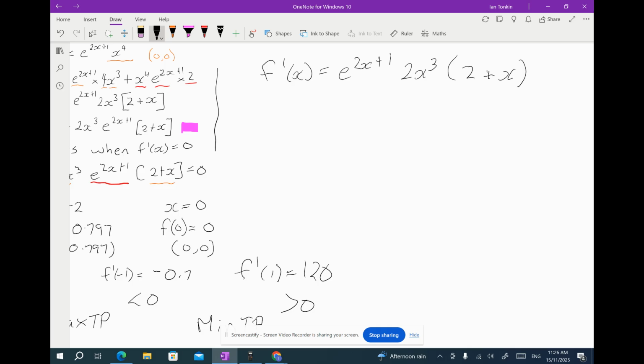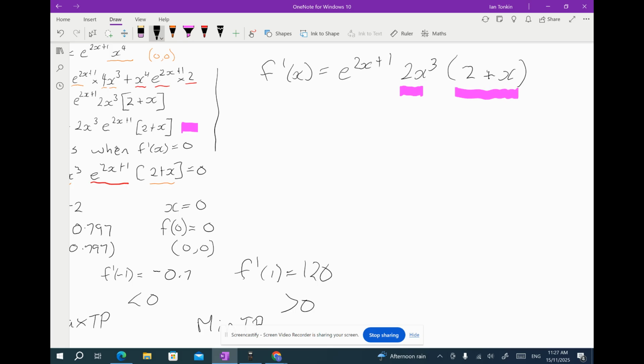Now you can see I've just swapped the order of the front two, but it doesn't matter because we're just multiplying. I don't know about a triple product rule because I've got 3 products here. So I'm going to put this back into there so I can use the product rule.